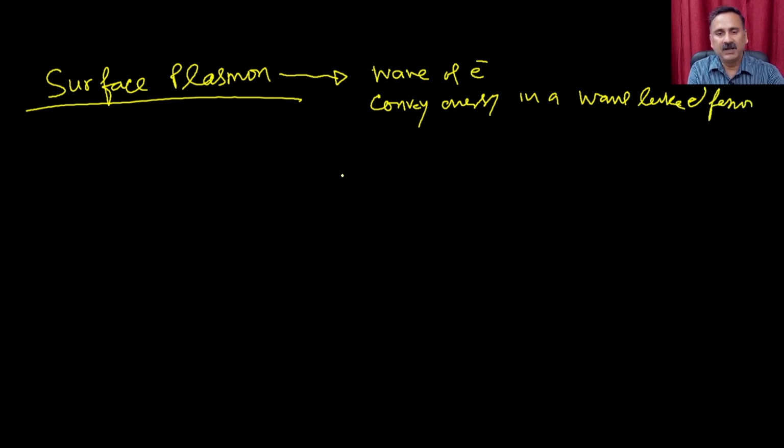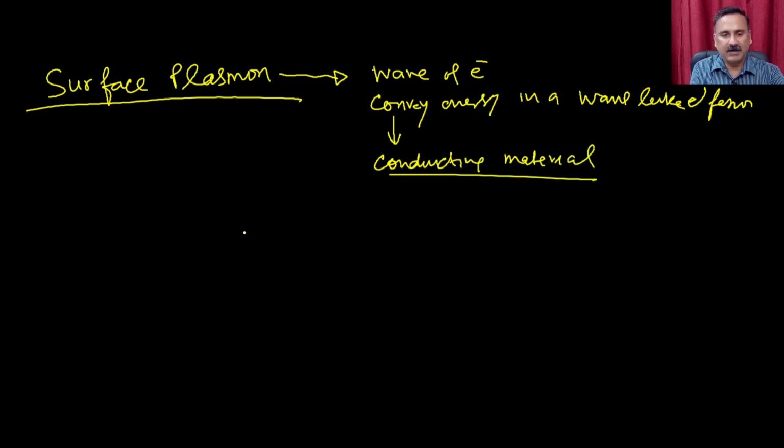And this will happen only with a conductive material. For example, if I take gold, a gold thin film, okay, so this is the gold, right?